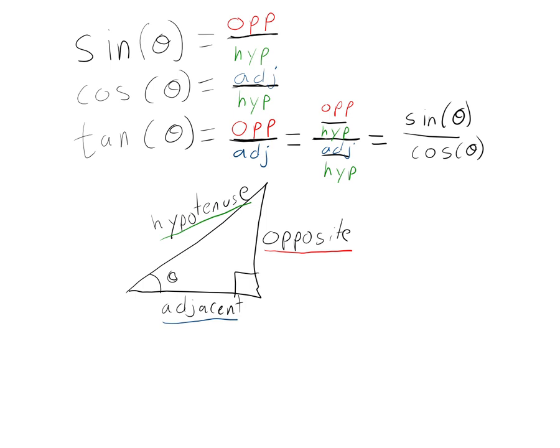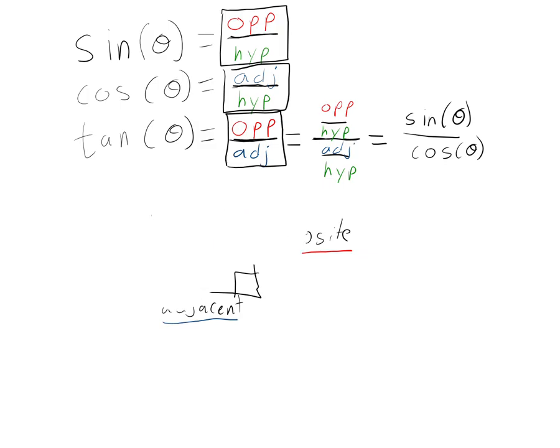Now, we don't really use this quite a bit. We really want to focus in on these three definitions right here. So for any given right triangle, we can always represent them using this idea. So let's get an example using an actual triangle.